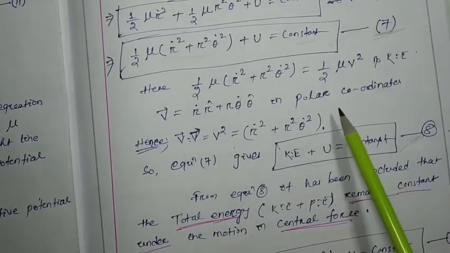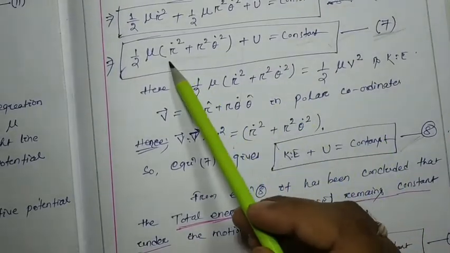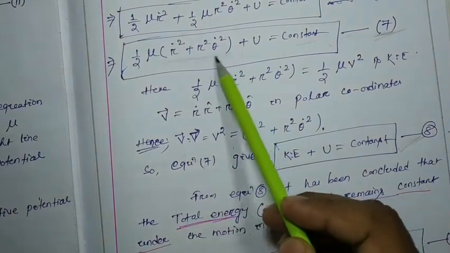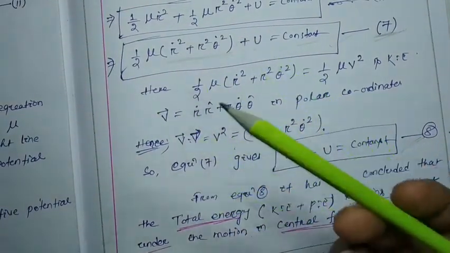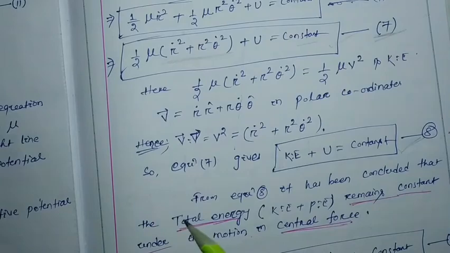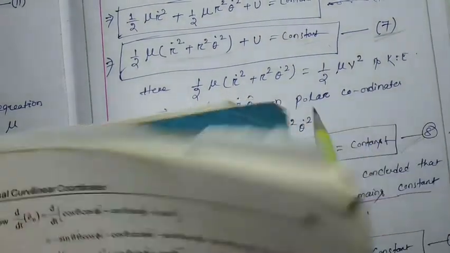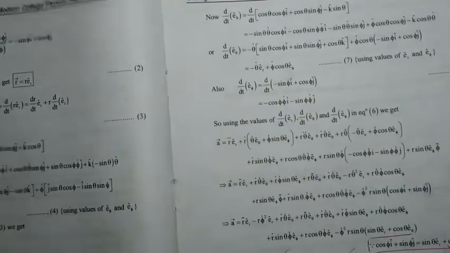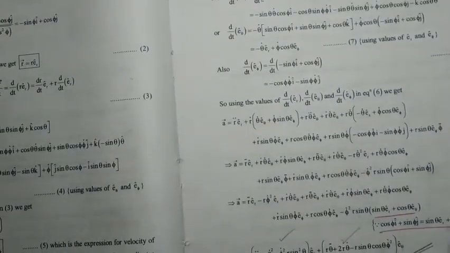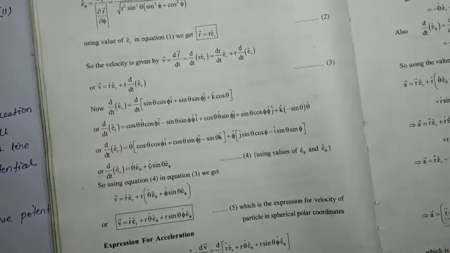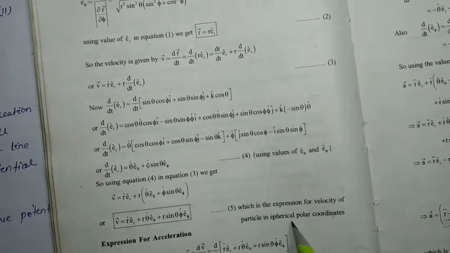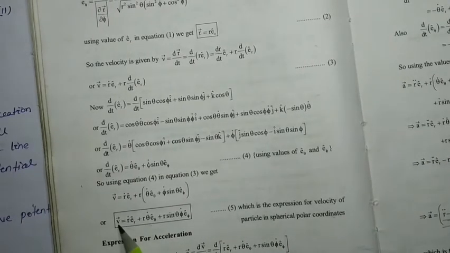Now if we are going to search what this expression is, again I suggest that you go through your orthogonal coordinate system note, mathematical physics. You can find that the velocity of the particle in spherical polar coordinates is nothing but v equal to r dot r plus r theta dot, right?